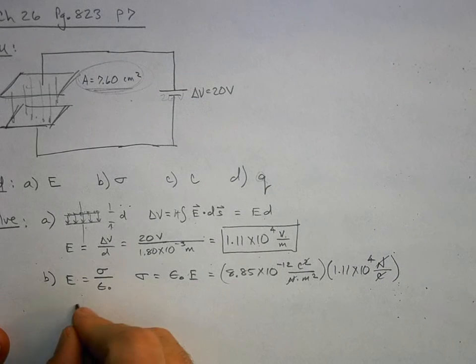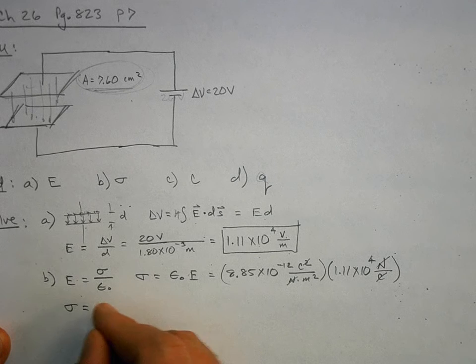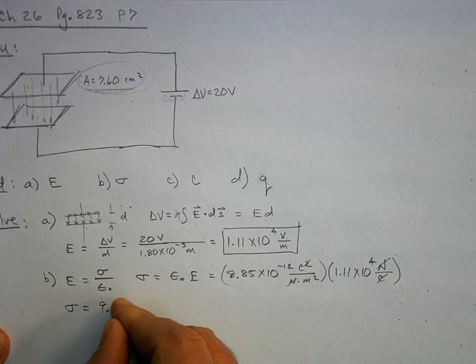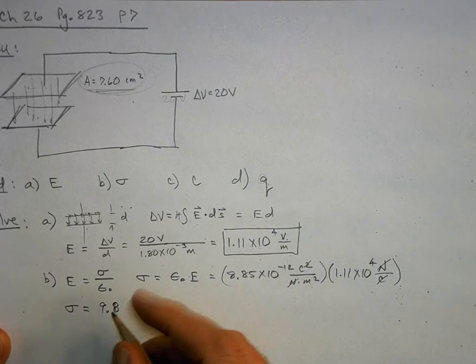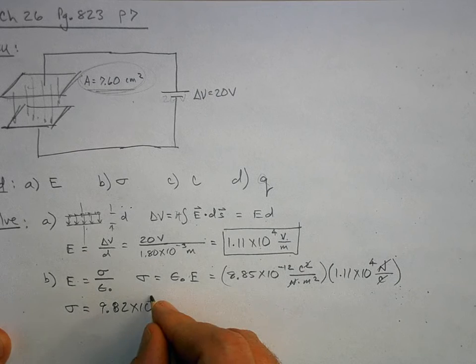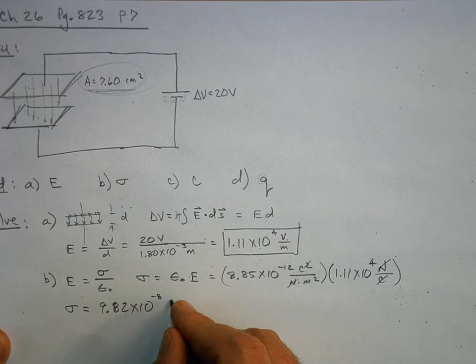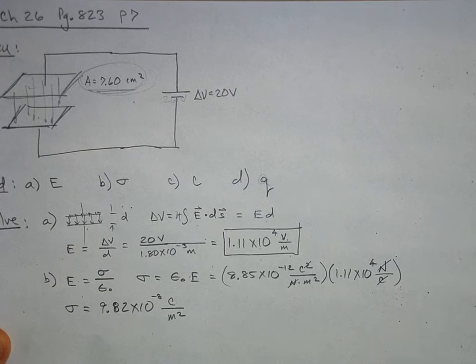All right, so sigma equals 8.85 times 10 to the negative 12 times 1.11 times 10 to the 4, and I get 9.82 times 10 to the negative 8 coulombs per square meter.